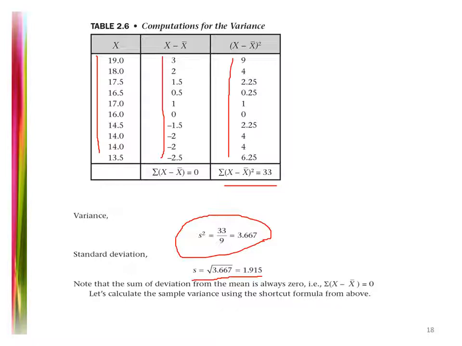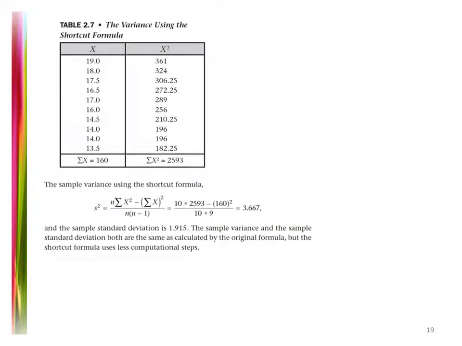Okay, next we are going to apply the shortcut formula. You know that the shortcut formula is s squared equal to n times the summation of x squared, minus the summation of x all squared, divided by n times n minus 1.